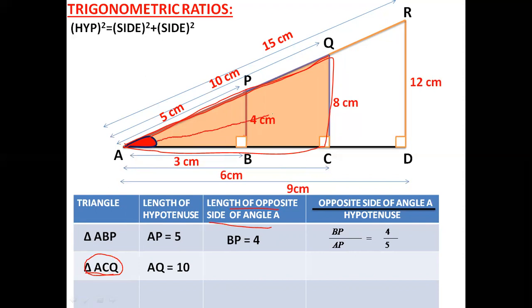That is CQ. CQ is equal to 8 centimeters. Now the ratio of opposite side of angle A and hypotenuse is CQ by AQ, which is 8 by 10.